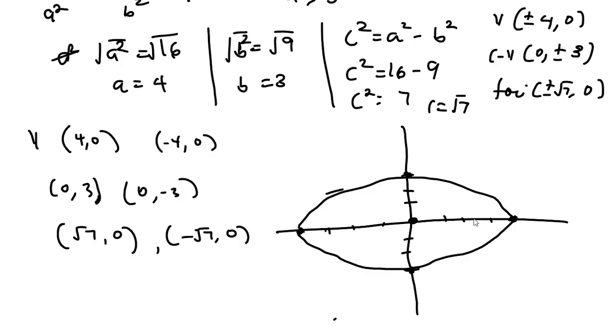So our foci will be here: negative root 7, 0, then root 7, 0. So that is that. It's quite simple when you get all these things. Okay, so thank you for watching this video.